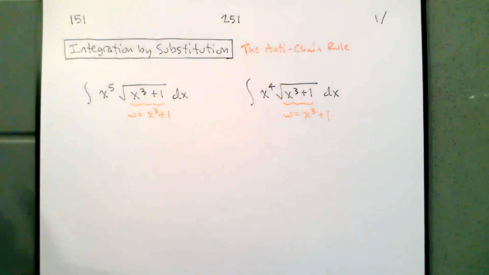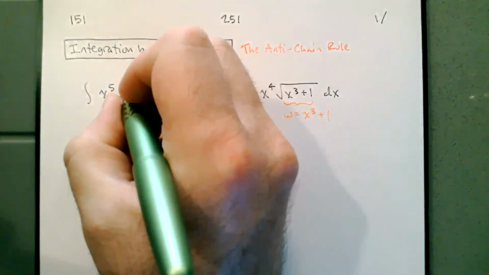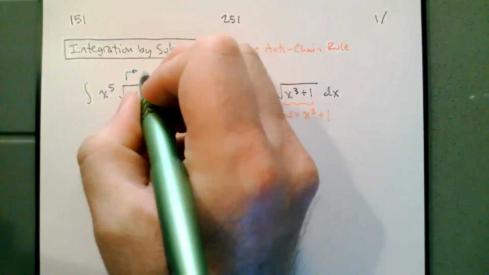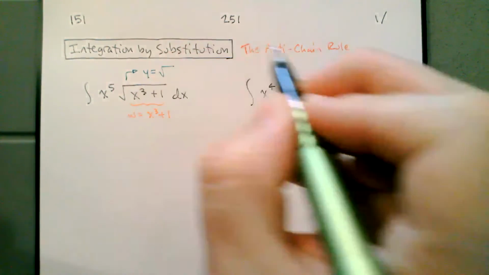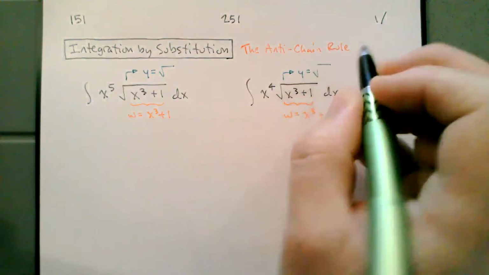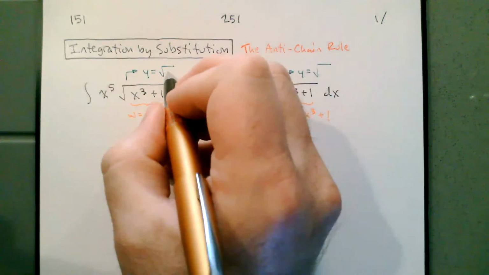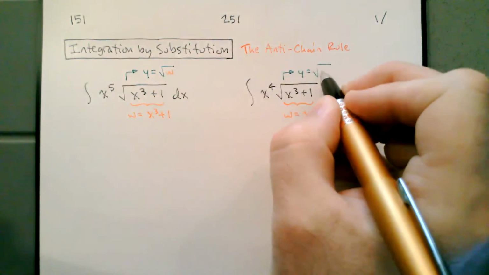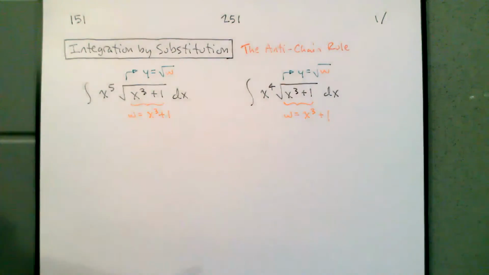In both cases, we have the same outside function. Both of these functions are square roots of w. So in both cases, we have the same outside function, square root of w.